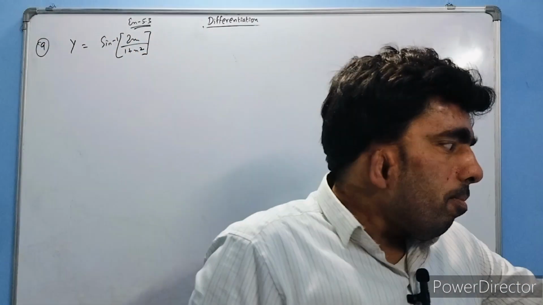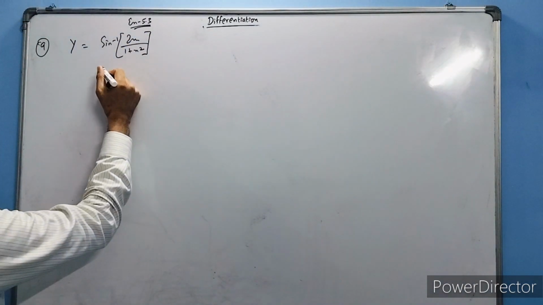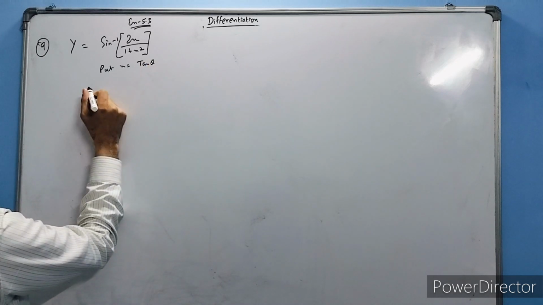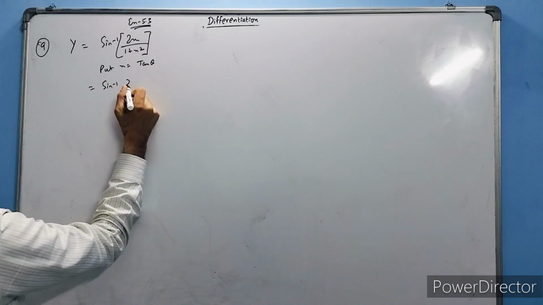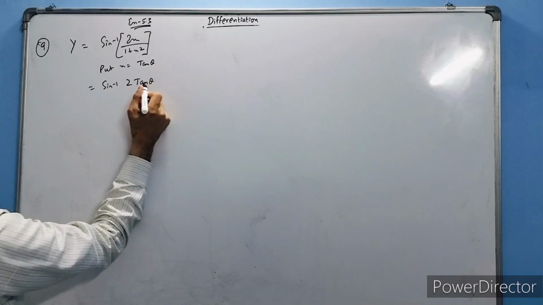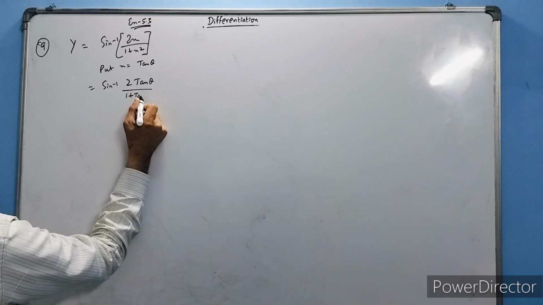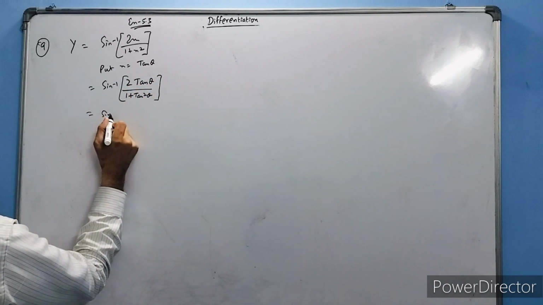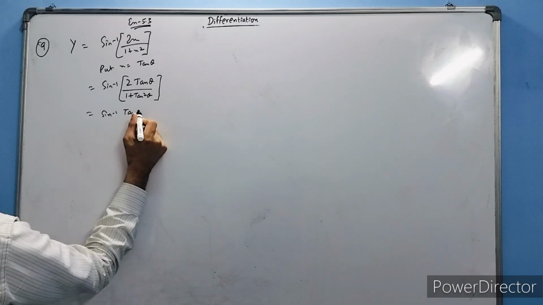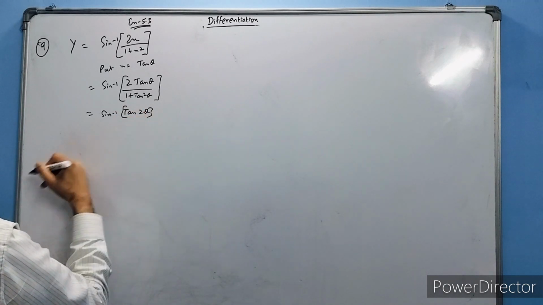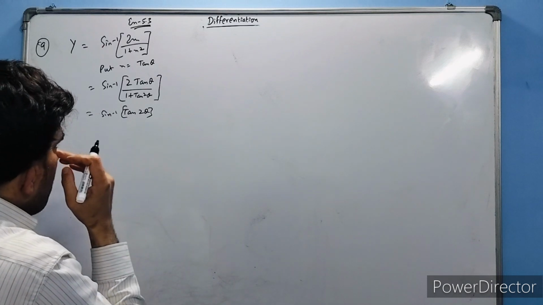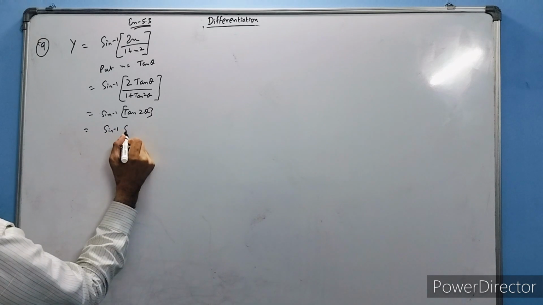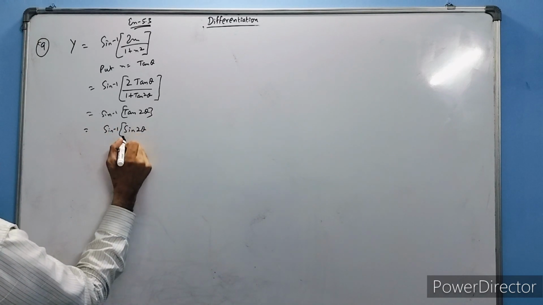Now what we can do here, put x is equal to tan theta. So we got here sin inverse 2 tan theta upon 1 plus tan square theta. So that is tan 2 theta, or in that form I can write sin 2 theta.